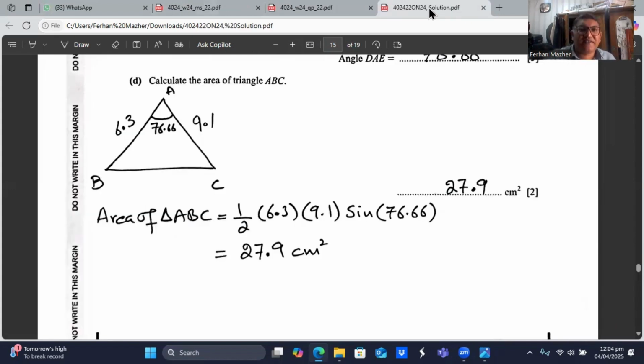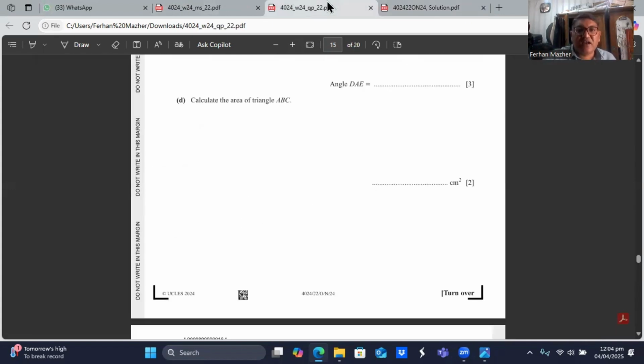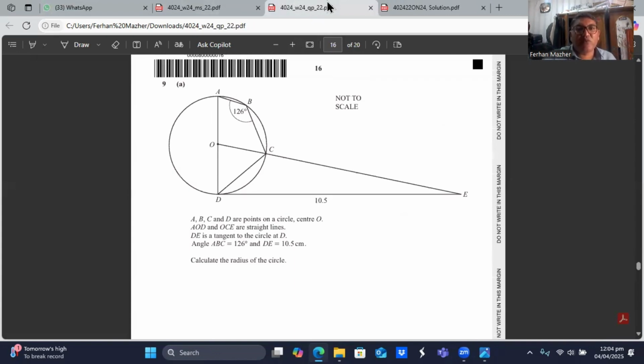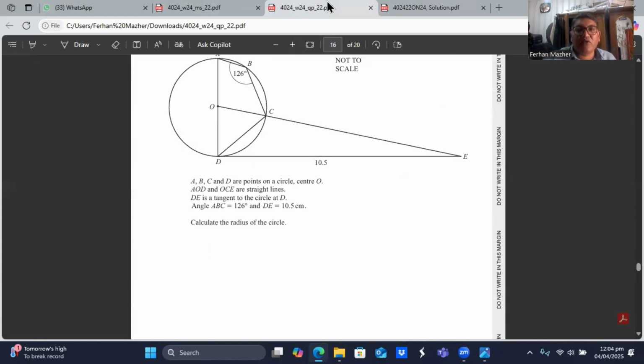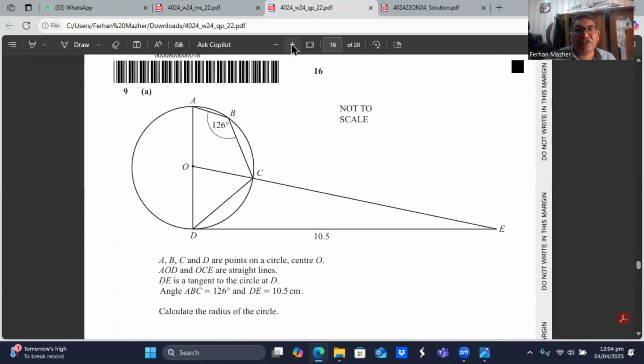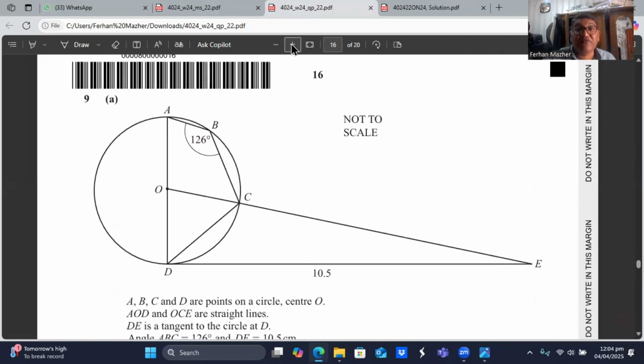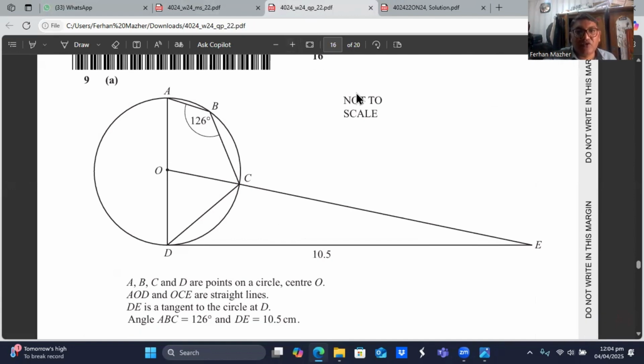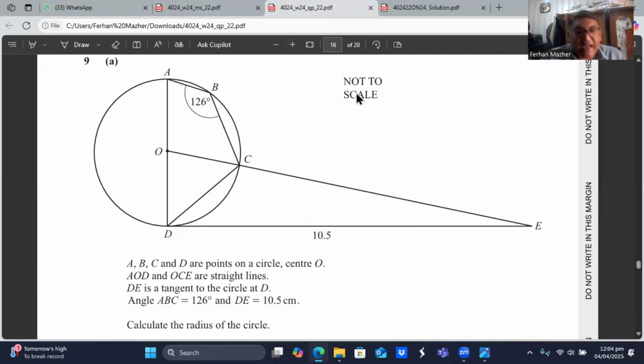So I hope you understand this is how this is done. A little tricky question. And here we have question number 9. Its first part is of 5 marks. Okay. So question number 9A part.